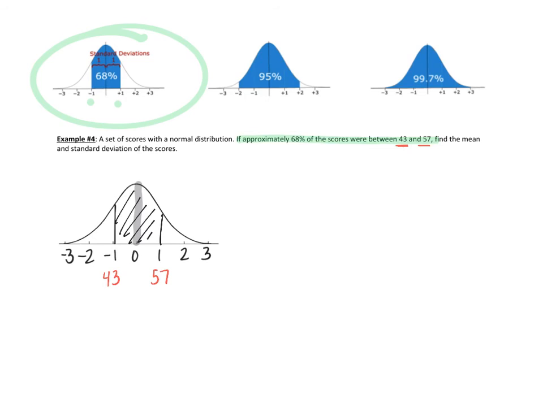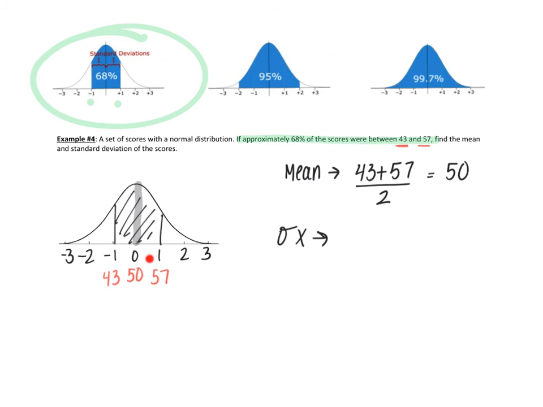So again, find the mean and the standard deviation. So to find the mean, we take the average. So add them up and divide by 2. 43 plus 57 divided by 2. And that answer should give you 50. So 50 is your middle, therefore that is your mean. And then standard deviation, I'm going to just use sigma x for standard deviation.